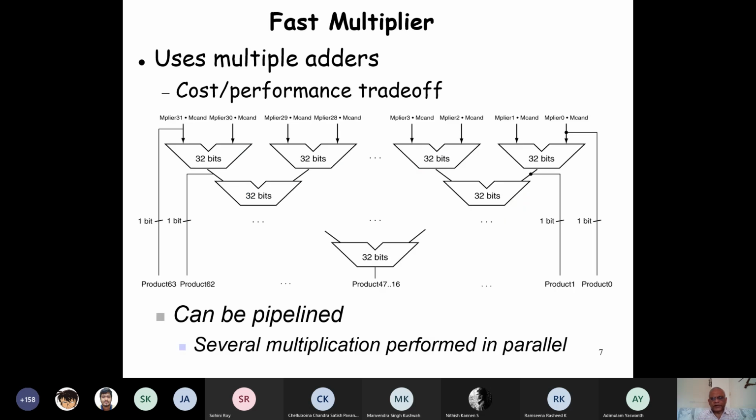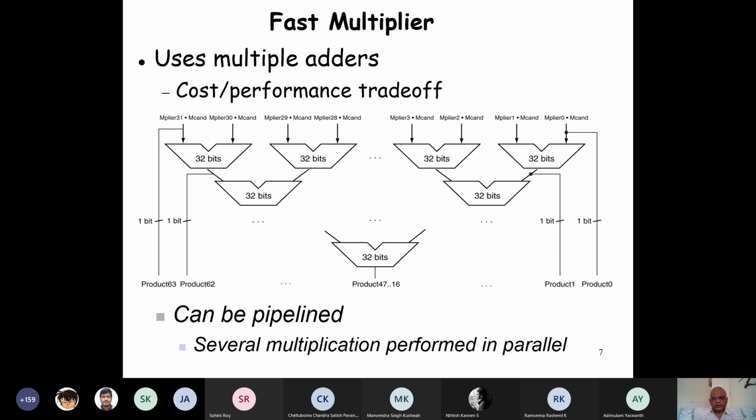Now let's look at a fast multiplier. The one that we looked at was the optimized multiplier, which reduced the storage, the size of the shift register, and the size of the ALU, the adder. Now let's look at a fast multiplier, which will do the multiplication in fewer cycles.